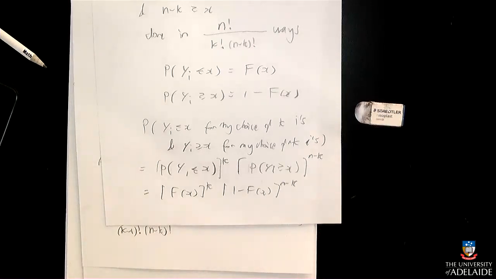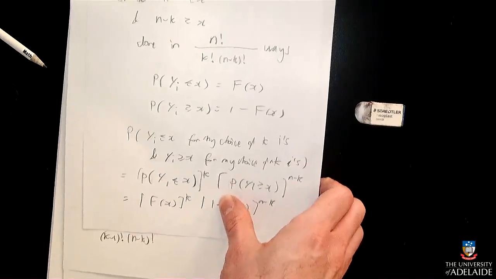Yeah. I reckon we could get there from here, probably. Yeah. But I'm getting an n minus k minus 1 in mine. So I've made some reasoning mistake here that means that we don't get it right.